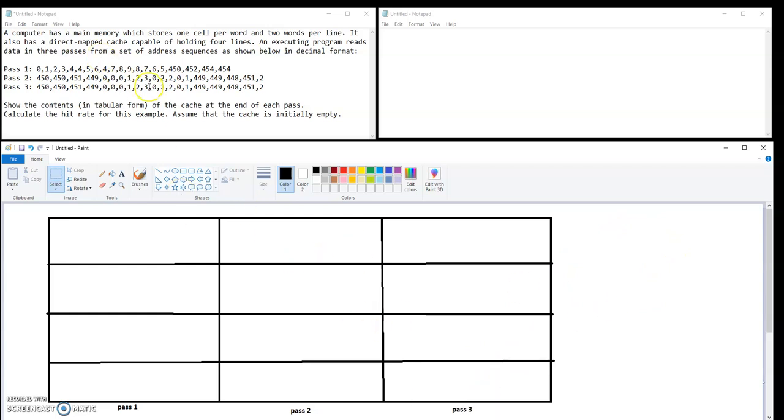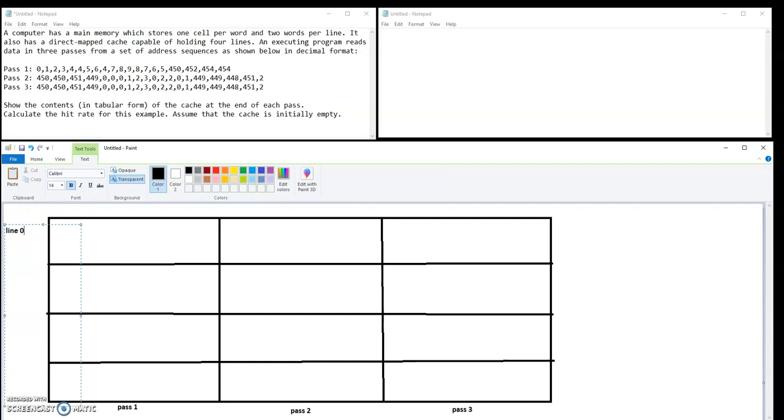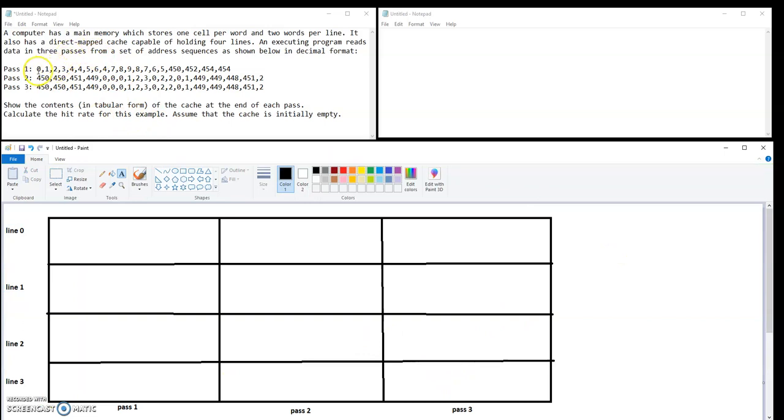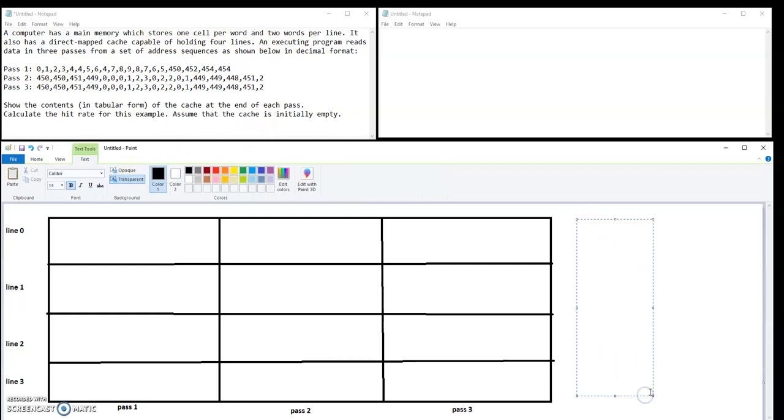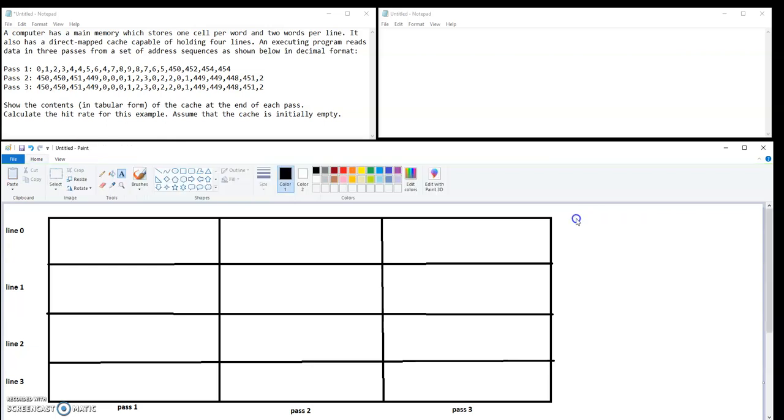Let's start obviously with pass 1. The cache is empty. There's the 4 lines. Let's put them here. Line 0, line 1, line 2, line 3. Nothing new yet. Well, there's 2 words per line. So if we look at things here, if we look at cell number and block number.